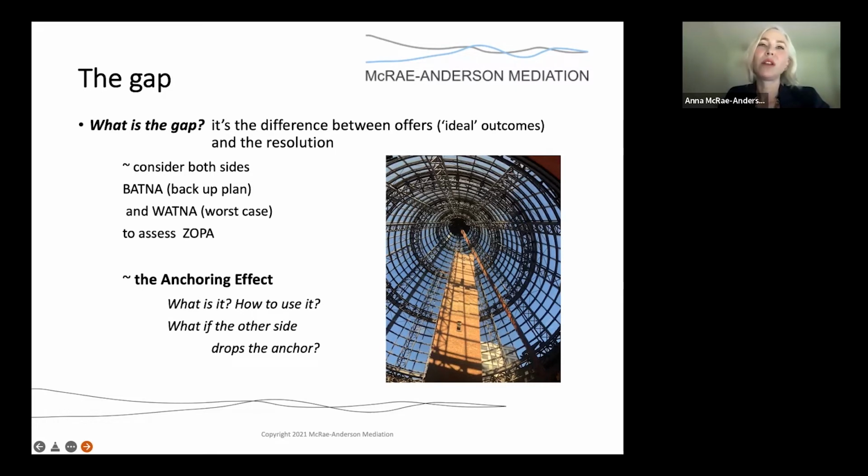But there is a well-known cognitive bias in negotiation that the first offer has an anchoring effect. There's a common tendency to give too much weight to that first number that's put forward and then adjust from that starting point. So keep that in mind when making offers.